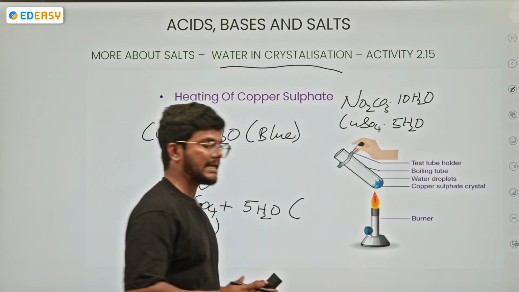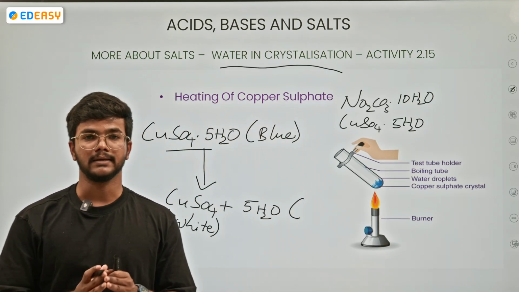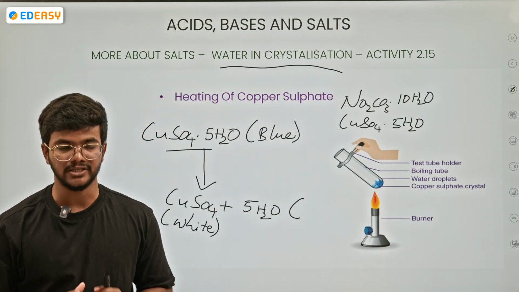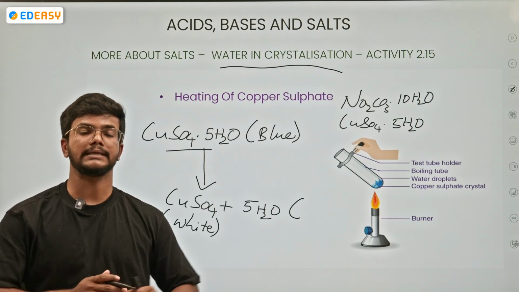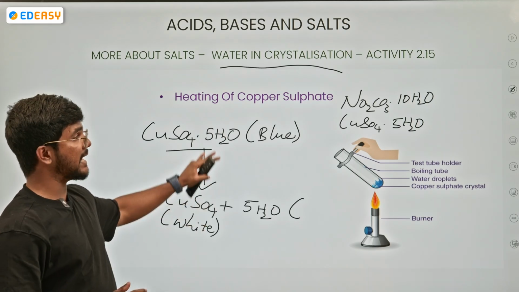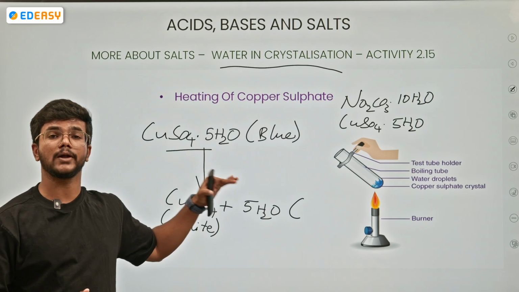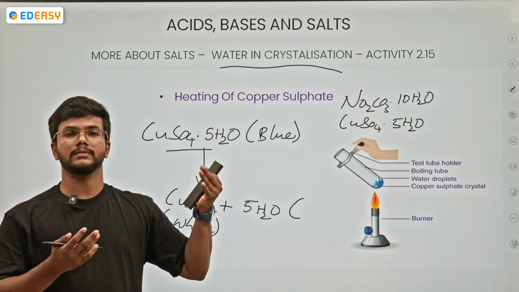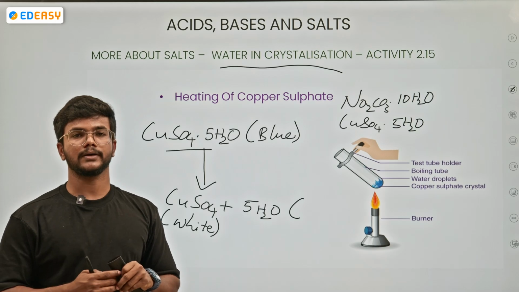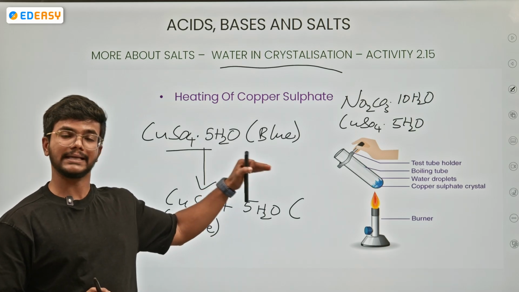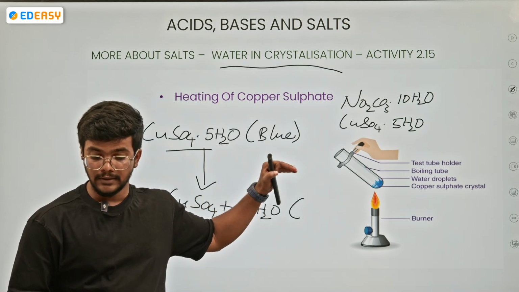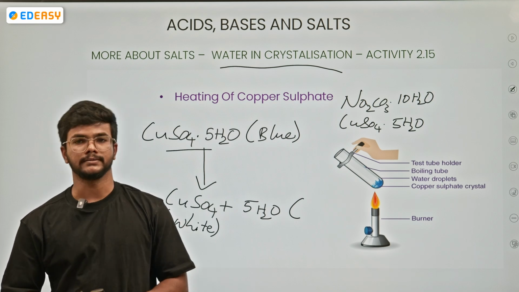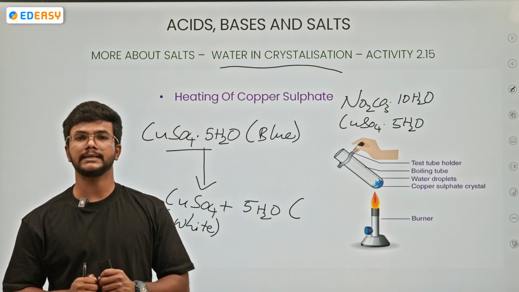The chemical itself contains water. So this is the activity to understand whether water molecules are present in the chemical, and how they can be removed. So this experiment is to understand what? Water of crystallization. Hope you understand the water of crystallization.